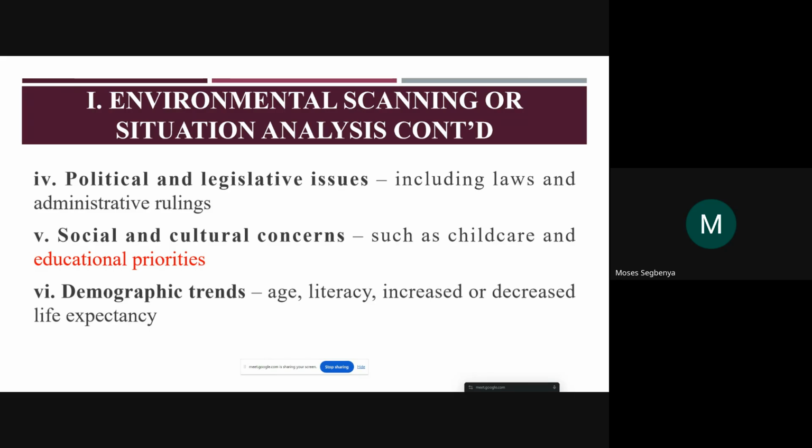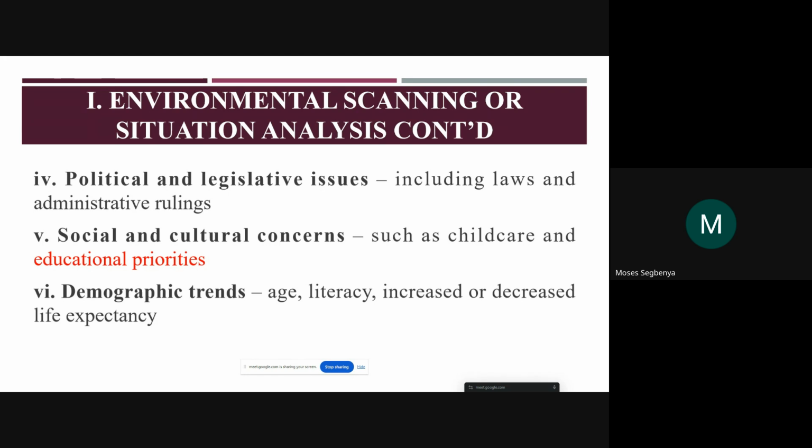Because if you are scanning the environment, you must know that before the introduction of BECE and the WASSCE, before somebody would start working, the person would have attended school for almost 30 years and over.